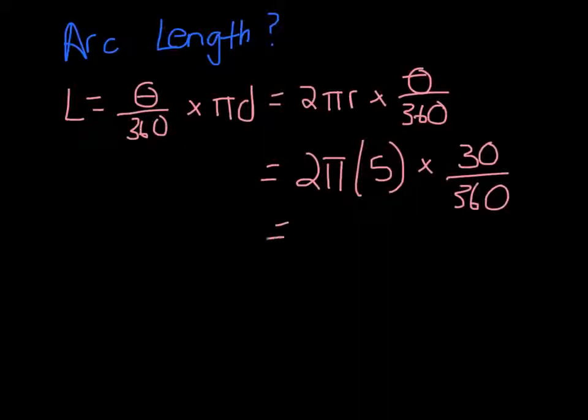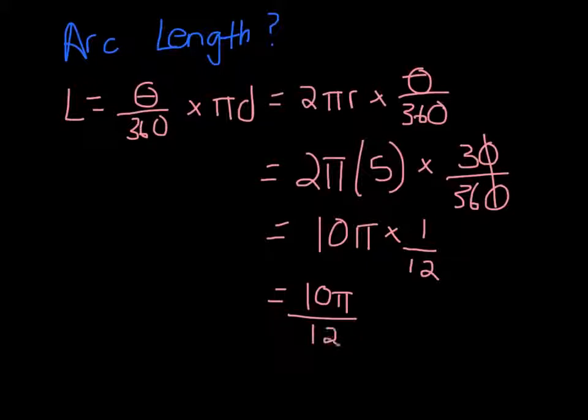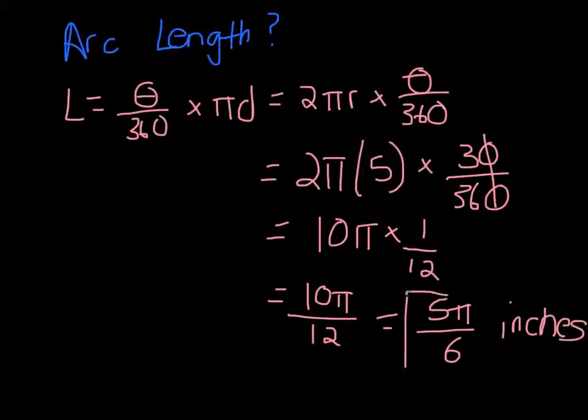Simplifying, we get 10 pi times 1 over 12, which is 10 pi over 12, equal to 5 pi over 6 inches. So the length of the pie crust is 5 pi over 6 inches. And remember, you do not need to simplify these any more, because simplifying will give decimals, and if you do not like decimals, you can leave it as 5 pi over 6.